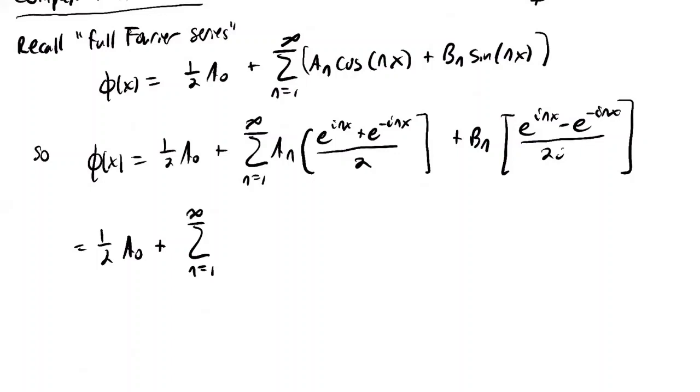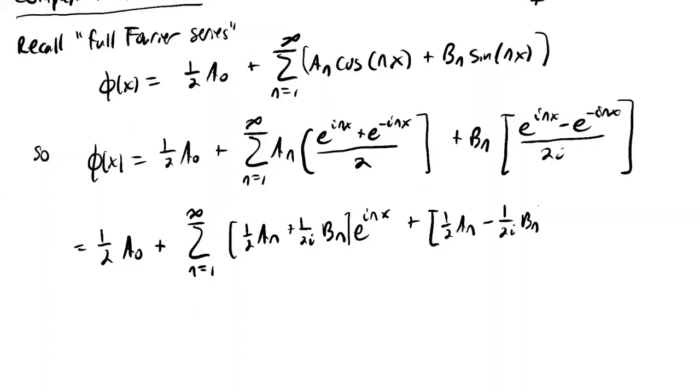So I have 1/2 a_n plus 1 over 2i b_n times e to the inx. Just collect all the terms that I'm multiplying by e to the inx. And now let's do the same for e to the minus inx. So now I have 1/2 a_n minus 1 over 2i b_n times e to the minus inx.